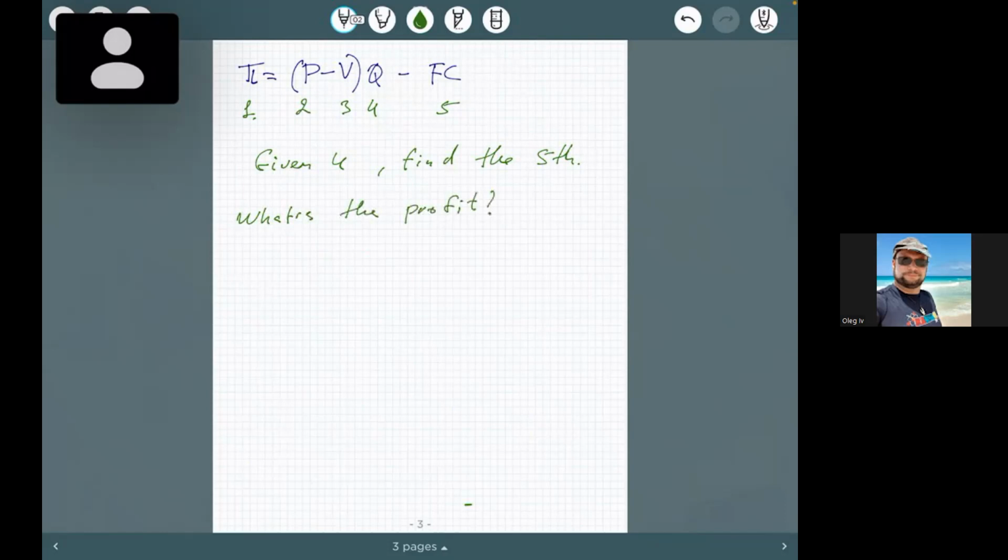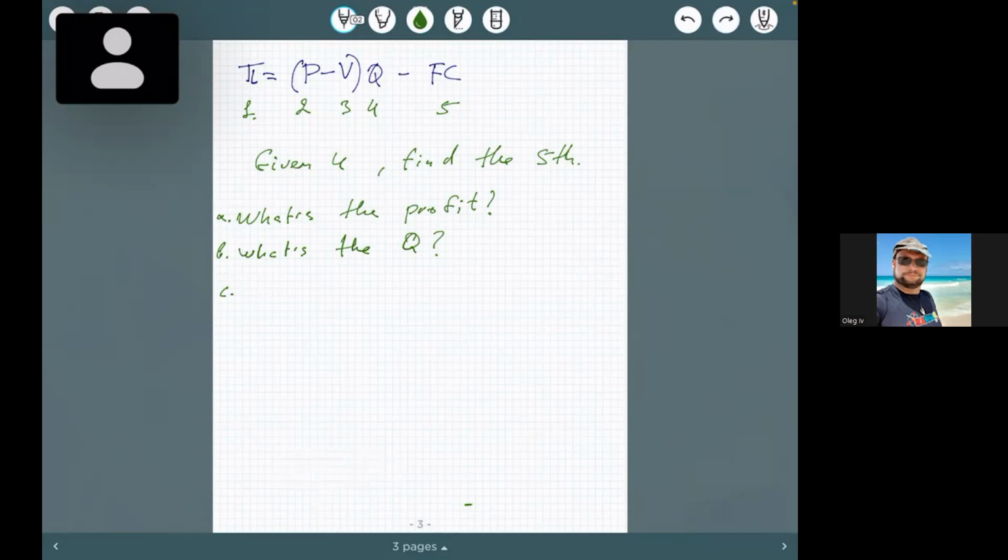Given the other 4, you can figure out what's the quantity, which is quite a common problem. In fact, what's the Q? I will write. So it's like types of problems: A, B, C. So fixed cost, not that much, but that you will see.